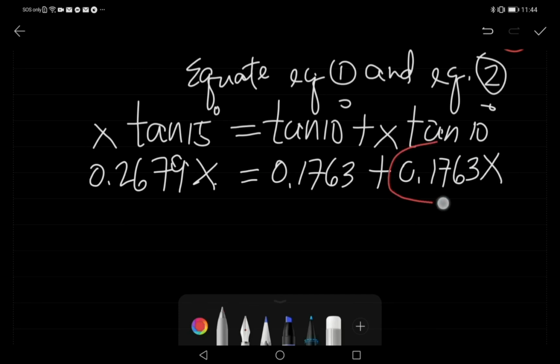Then we will transpose this one to the left.